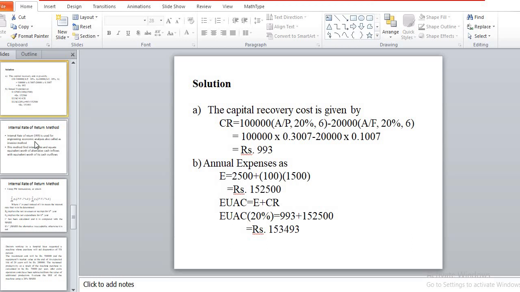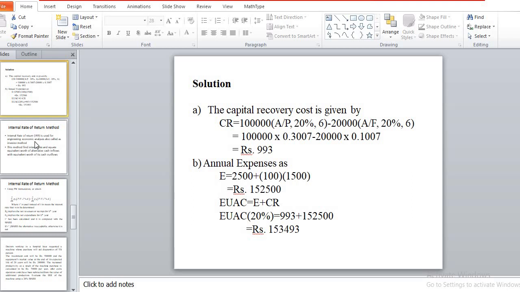By these three methods, we can conclude whether a project is economical or not economical.